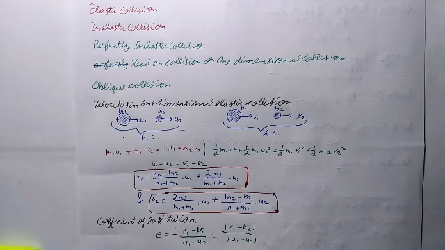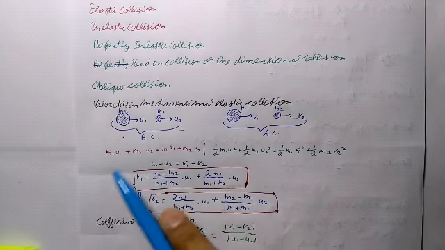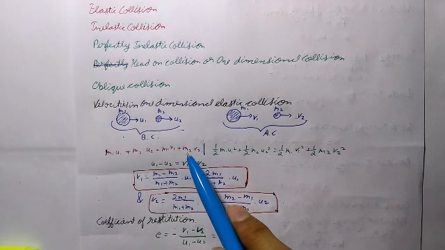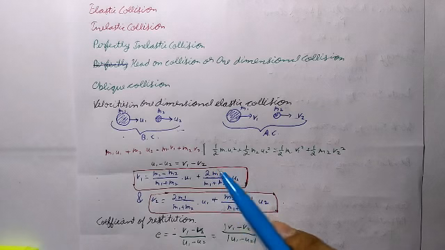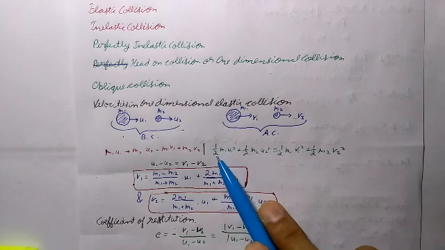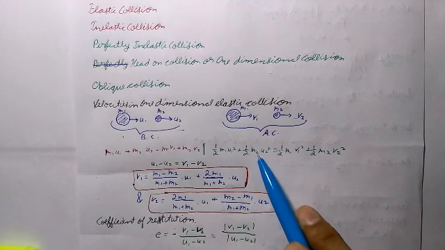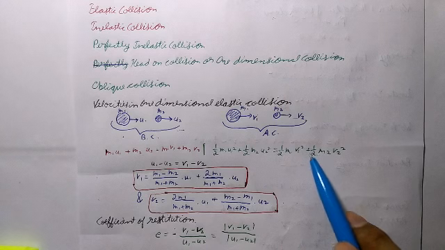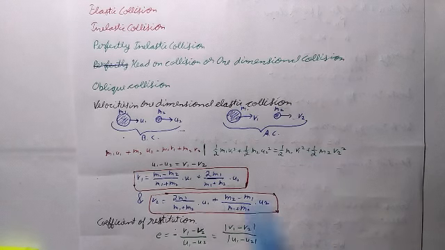Now, by the law of conservation of momentum, we can say m1u1 plus m2u2 equals m1v1 plus m2v2. As kinetic energy is conserved in elastic collision, we can say half m1u1 squared plus half m2u2 squared equals half m1v1 squared plus half m2v2 squared.